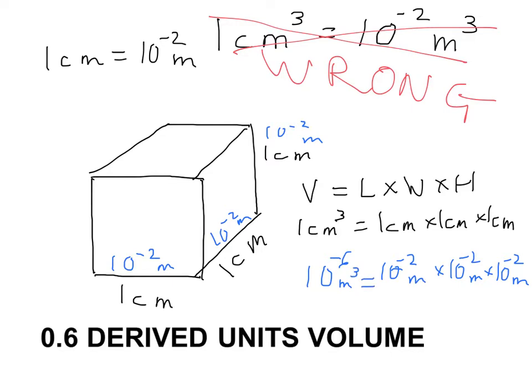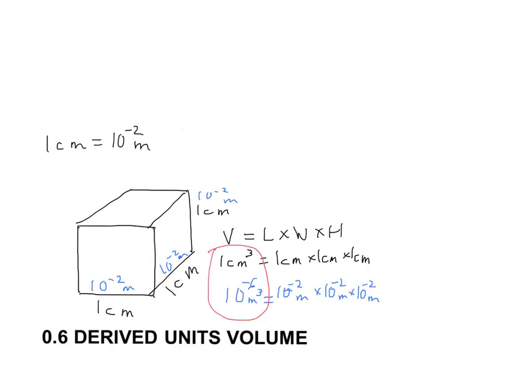Therefore, it's obvious, looking at our experiment here, that 1 cubic centimeter is actually equal to 10 to the negative 6 cubic meters.